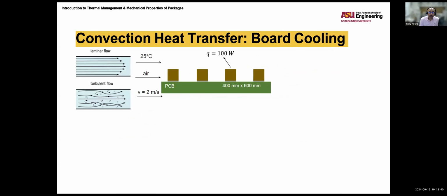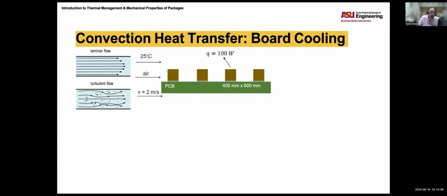Okay, and then we're going to look at the case of cooling our board, and we're going to have two types of flow: laminar flow and turbulent flow.